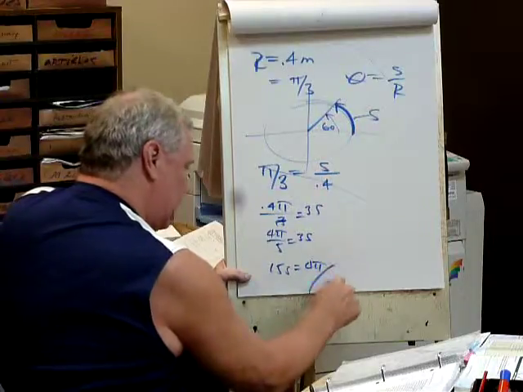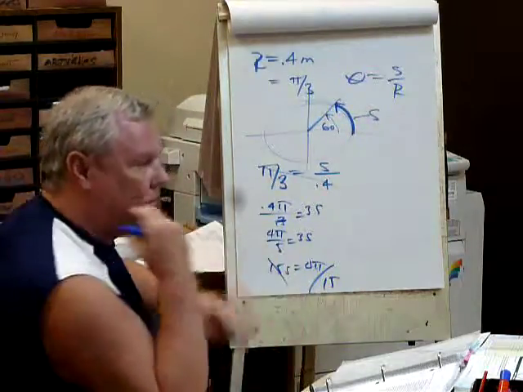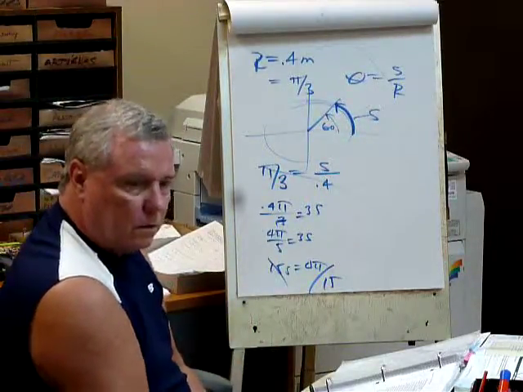S equals 4 pi over 15. It's 0.75. Wait, aren't they looking for arc length?